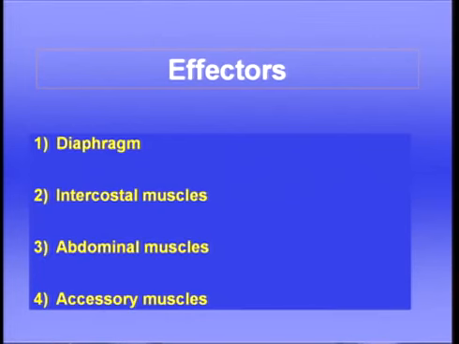And now let's move to the effectors, which are the muscles of respiration. As I said, we don't need to spend much time on these because we looked at these in detail in the session on ventilation. Just to recap though, the most important muscle of inspiration is the diaphragm, you recall.